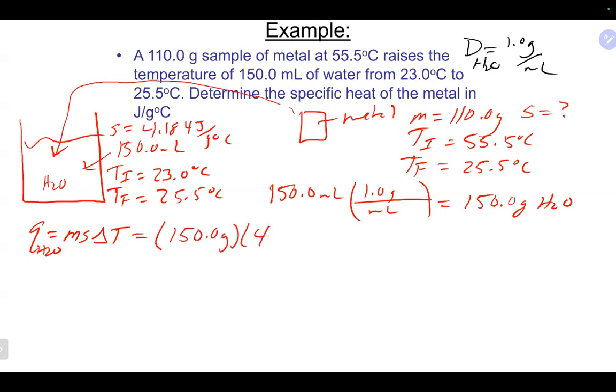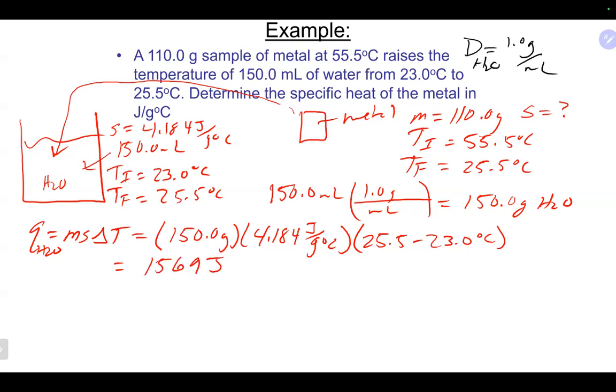Our specific heat of water, 4.184 joules per gram per degree Celsius. Once again, we're going to do our final temperature, which is 25.5 minus 23 degrees Celsius in this case. That is going to get us, for our water, 150 times 4.184 times 25.5 minus 23, going to get us 1569 joules.